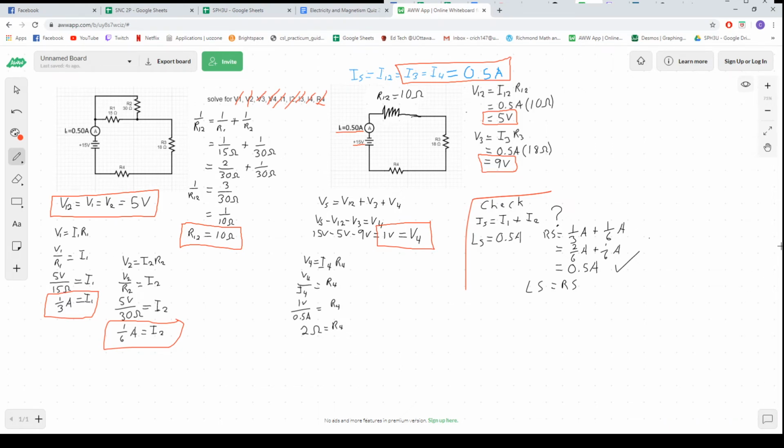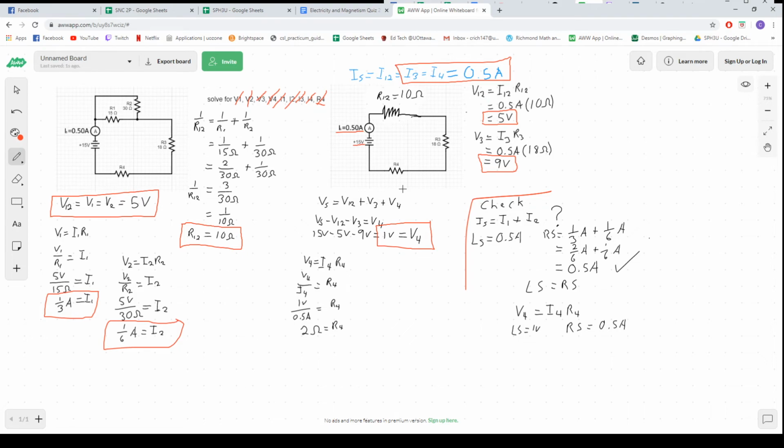What is another check that we can make? We could check and make sure that our resistance down here is correct. So we could do V equals IR for R4. We could check that. Why not? Just check it again. V4 equals I4 R4. This should work out because this is exactly how we calculated it the first time. So V4 is 1 volt, so left side equals 1 volt. Right side is equal to I4, we found was 0.5 amps.